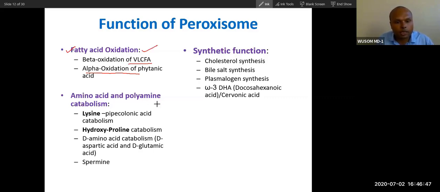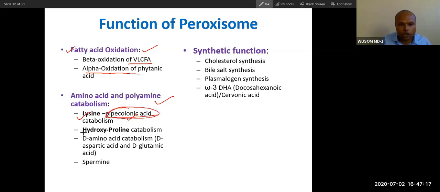Then amino acid catabolism: peroxisome is involved in that also. You can see lysine catabolism, the lysine pipecolic acid pathway. Lysine has two pathways for its catabolism, and this is one of them. This pathway involves peroxisome, and this molecule will accumulate if peroxisome is defective.